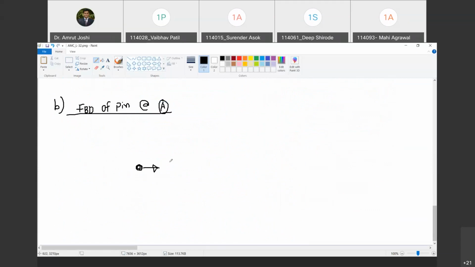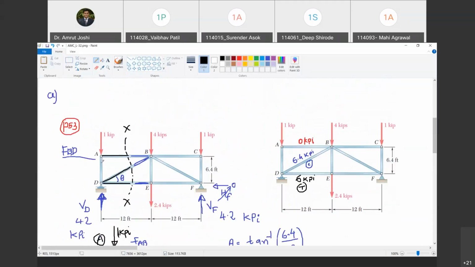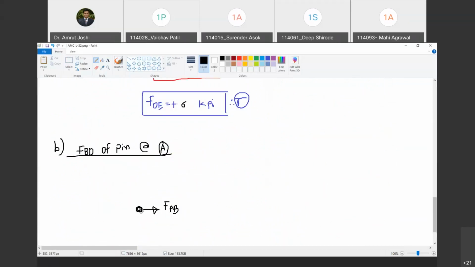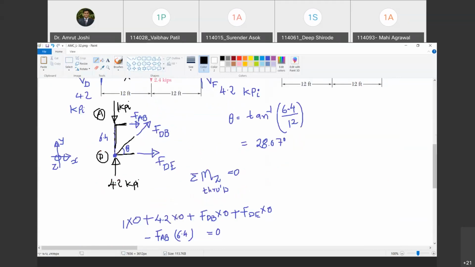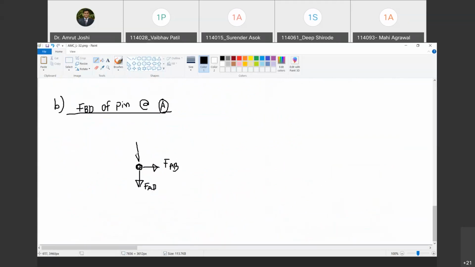So it must be pulling the joint. So this is FAB. Now force in member AD, I will also assume tensile. Therefore, this is force in member AD. And then you have 1 kilopascal force here. Is the free body diagram complete? Yes. So what do I do next?